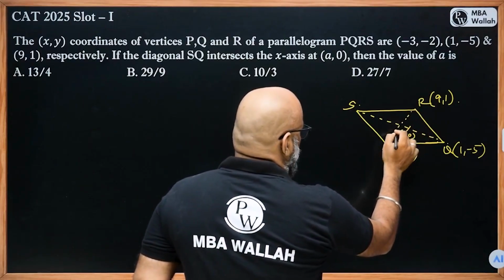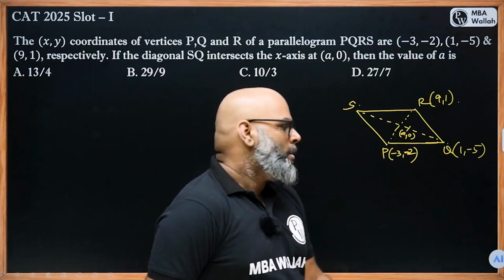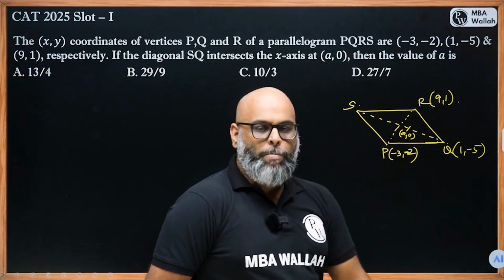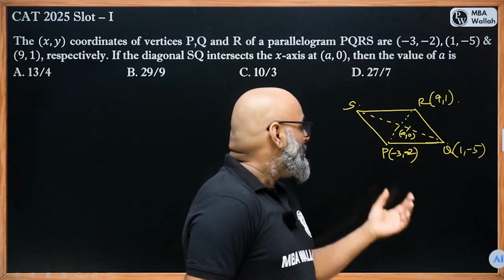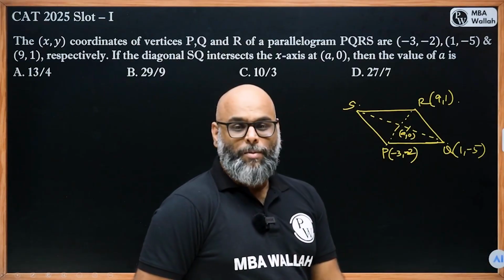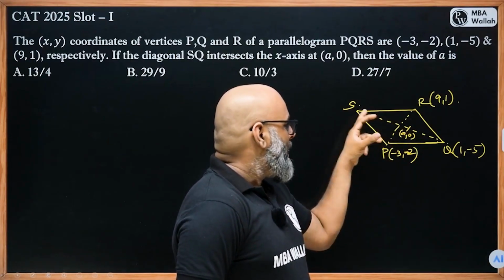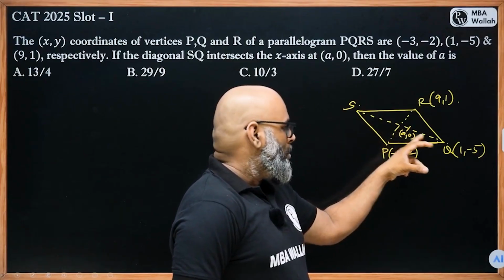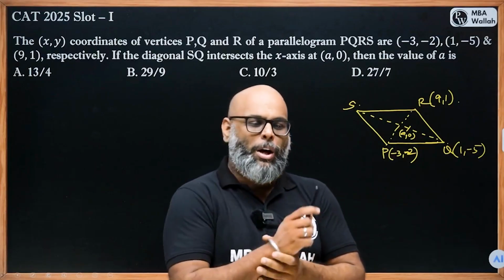I'm going to find the midpoint of PR. Why? The midpoint of PR is the same as the midpoint of SQ. So if I have this midpoint of SQ, and a comma 0, and Q, all three of them will be collinear. And that's a better way to look at this.